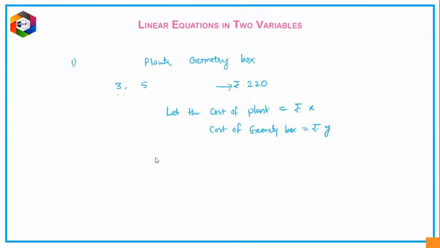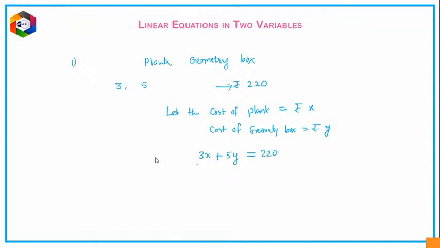How many planks has he purchased? 3. That means if one plank costs x, the cost of 3 planks will be 3x plus, and he has purchased 5 geometry boxes. One geometry box costs y, so 5 geometry boxes cost 5y, which altogether equals 220.